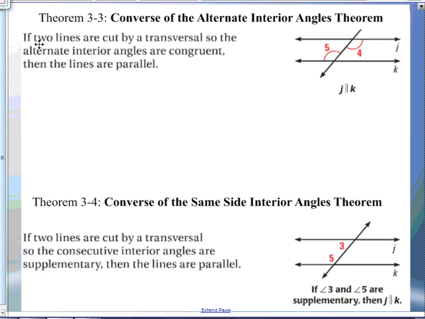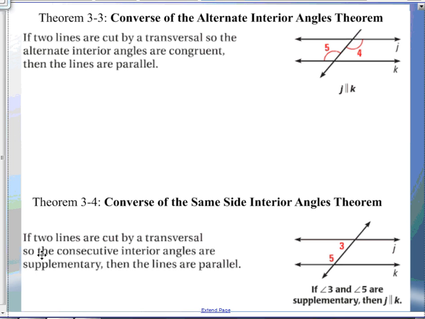And this says that if two lines are cut by a transversal so that the alternate interior angles are congruent, then the lines are parallel. So this states that if angles 4 and 5 are congruent, then line J and line K have to be parallel. Okay?